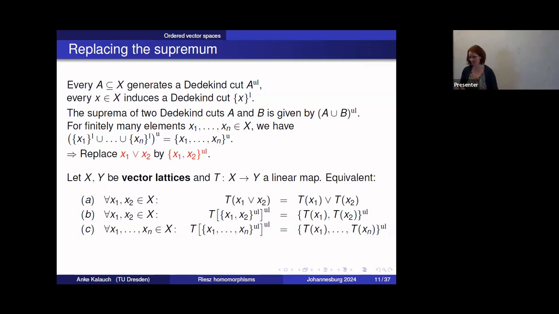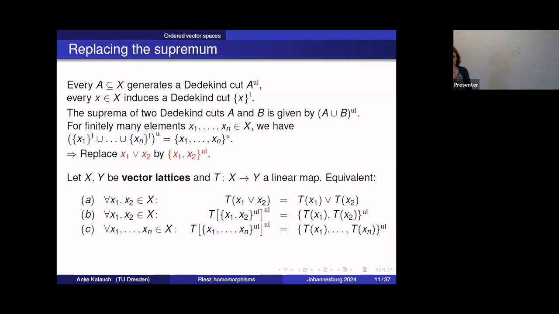All this is equivalent. These are equivalent notions. So we will discuss in a minute how these notions relate in ordered vector spaces. So this is one approach, using Dedekind cuts for defining sort of Riesz homomorphisms in ordered vector spaces.